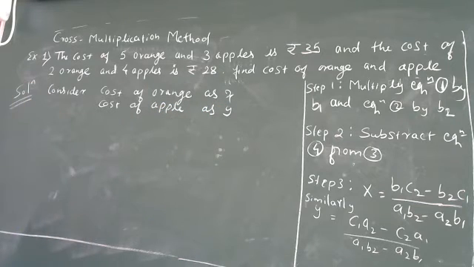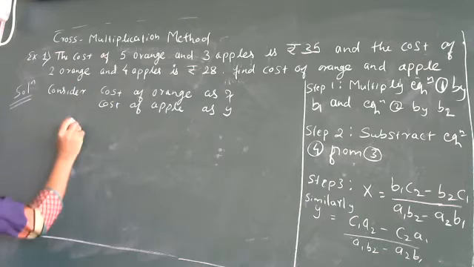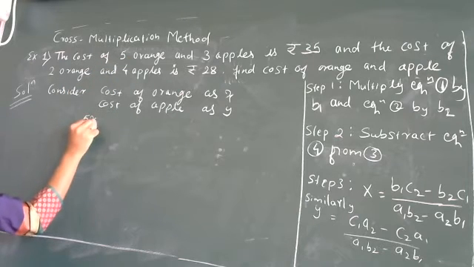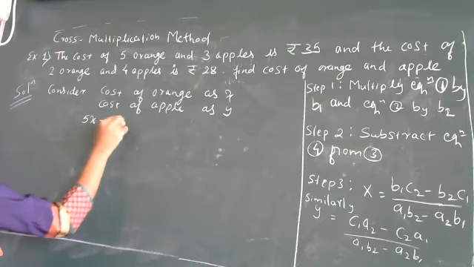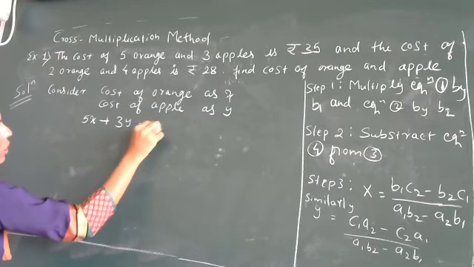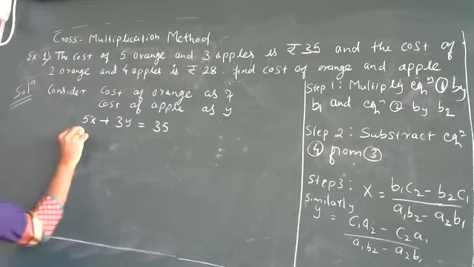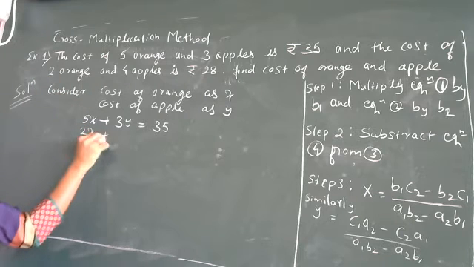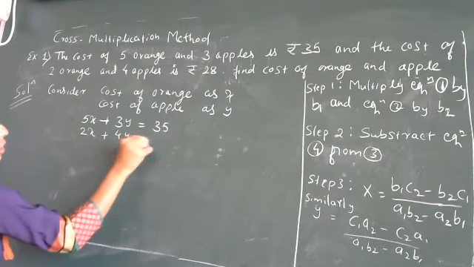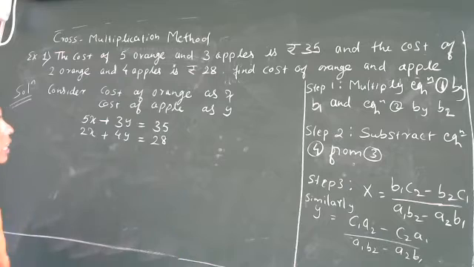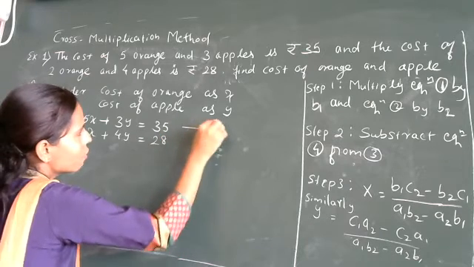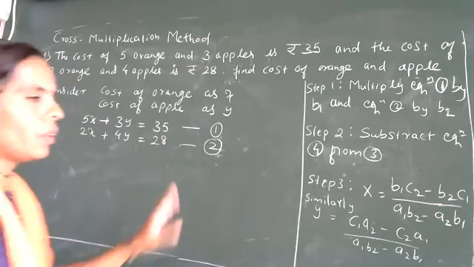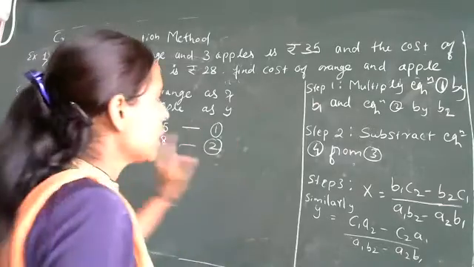Now when you consider two variables, we can create algebraic expressions. 5 oranges means 5x plus 3y is equal to 35, and the second equation will be 2x plus 4y is equal to 20. Consider these two equations as first and second. Now we will see the steps also with this example.